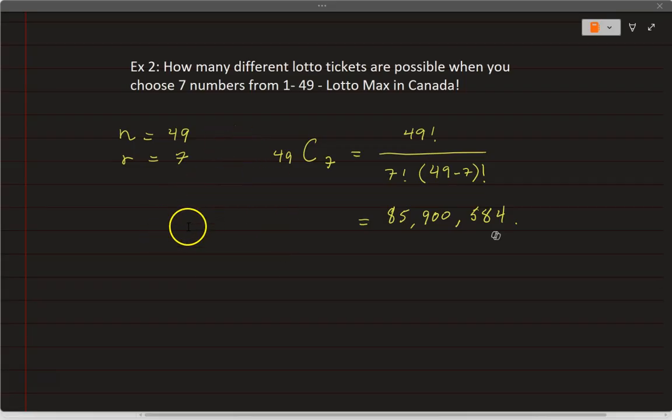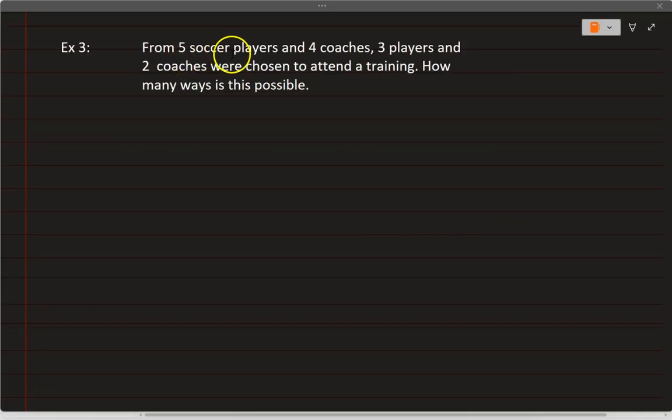Let's look at one more example, and that is it. From 5 soccer players and 4 coaches, 3 players and 2 coaches were chosen to attend the training. How many ways is this possible? Okay, so there are 2 different combinations we have to deal with. First we deal with the players, and then the coaches.